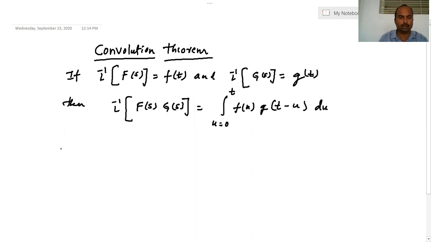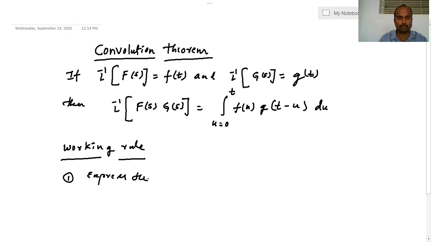Now I'll explain the working rule. So working rule will be, first step, express the given function as F(s) into G(s).